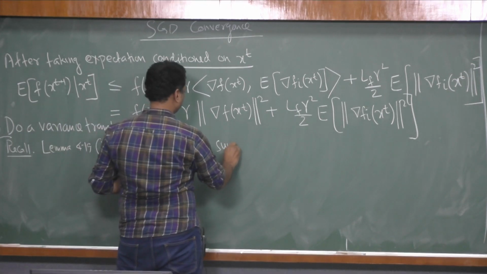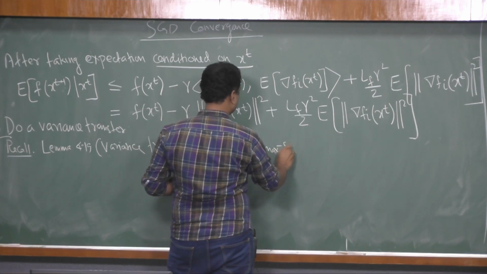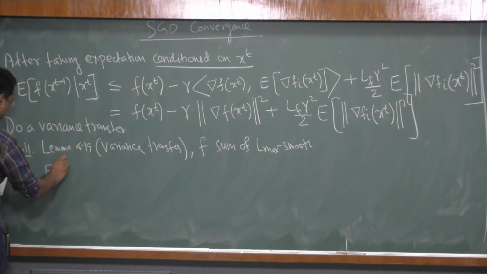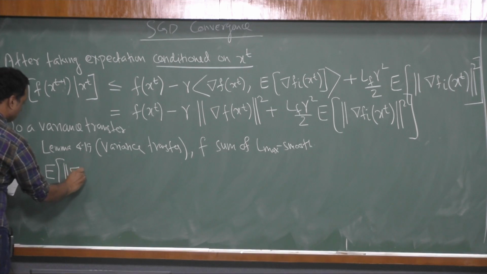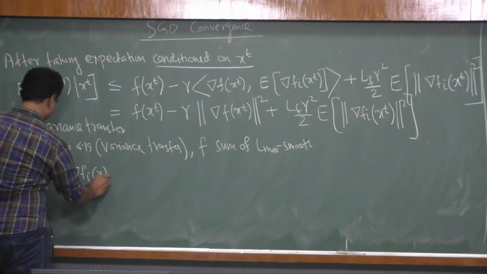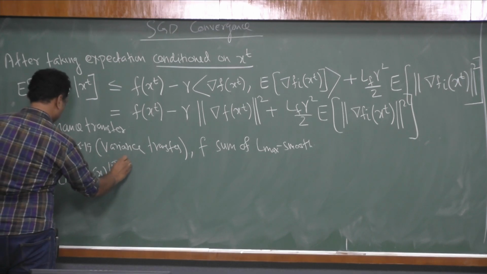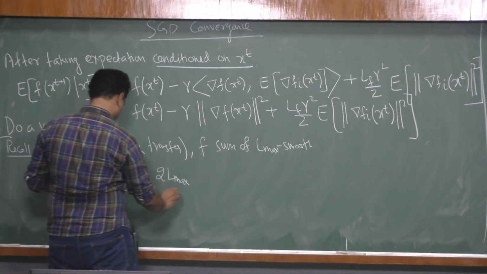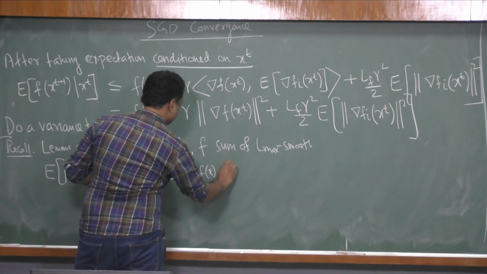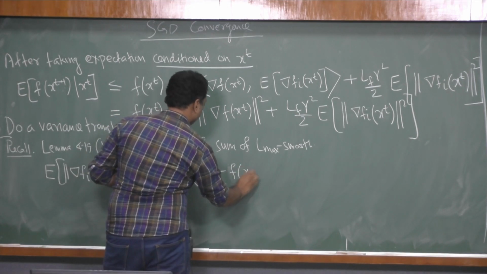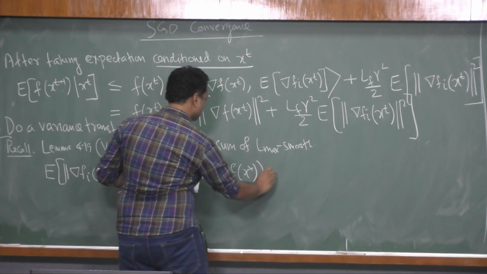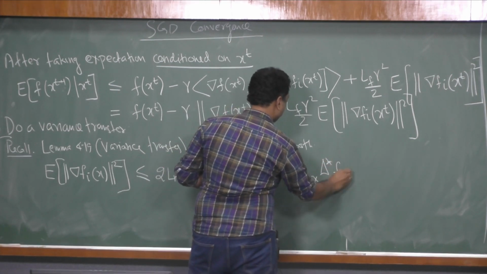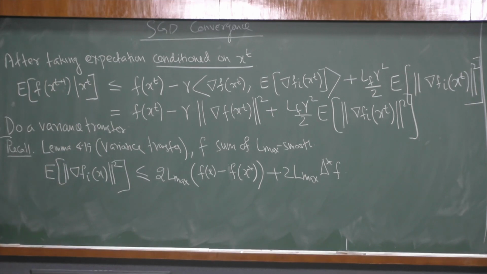So if f is a sum of L_max smooth functions, then you can transfer the variance, which in this case is the norm of grad f_i(x), and this is dominated by 2L_max (f(x) minus f(x*)) plus 2L_max Delta star f. Okay, so let us put this in a box.